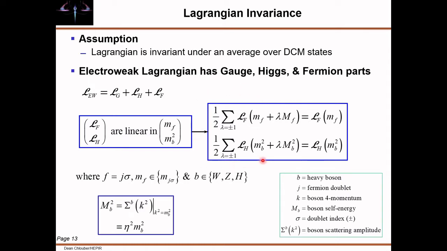And for bosons, the dressing rule just depends on the squared masses. And the square of the boson self-energy is just equal to the boson scattering amplitude evaluated on the mass shell. So the boson self-energy is just equal to a scaling factor eta times the boson mass.